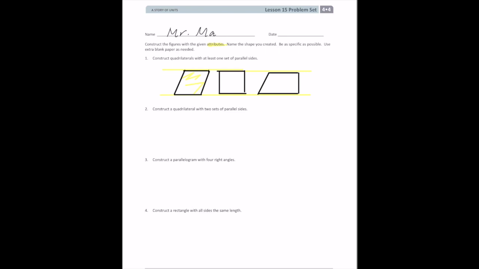Number two, construct a quadrilateral with two sets of parallel sides. Okay, so we want two sets. Again, I'm going to use a different color to draw for parallelism, and I could decide to make it parallel this way. So we know that shape would be a square or possibly a rectangle.